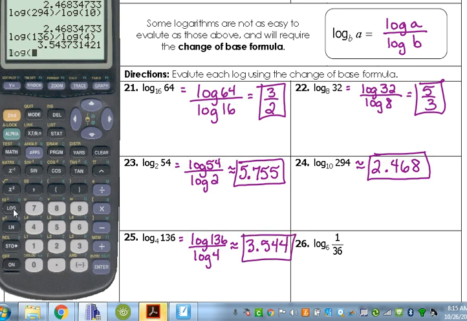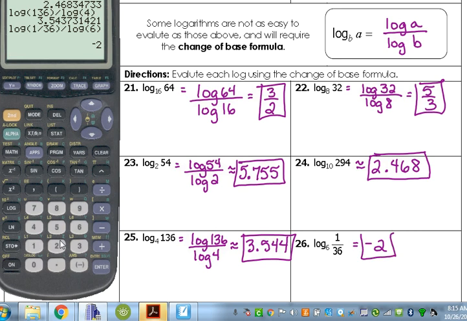And one more. The log of 1 over 36 over the log of 6 is negative 2. Did we really have to use our calculator for that one? No, we really didn't.